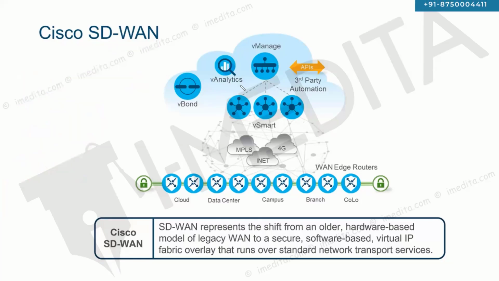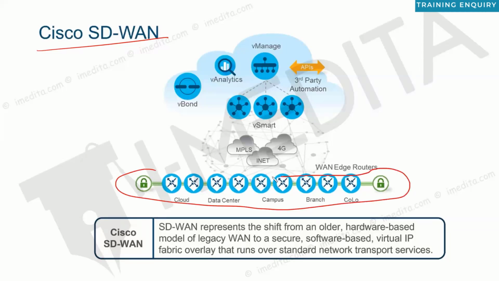Okay, now let's talk about the Cisco SD-WAN. The Cisco SD-WAN is mainly divided into two portions here. One is your managed routers, also known as data plane devices. That's where you have your physical routers or maybe virtual routers, which means it is all about the routers when we talk about the data plane.